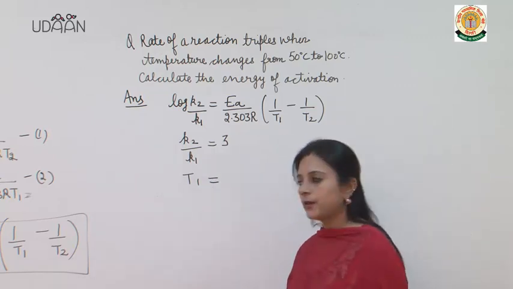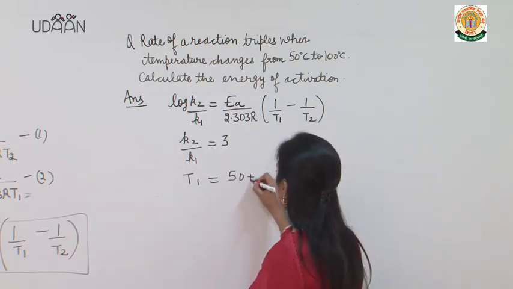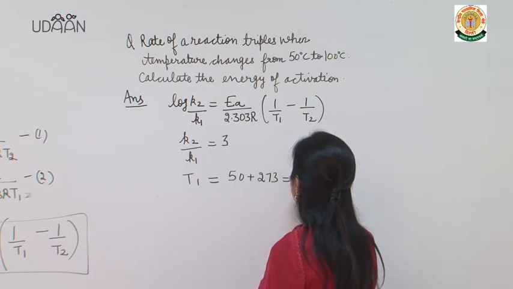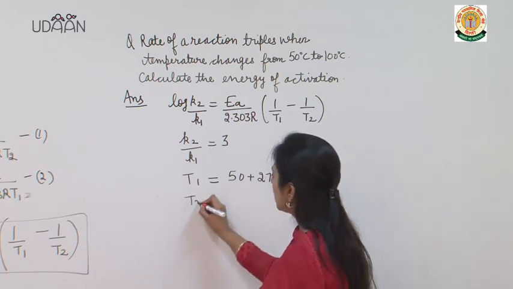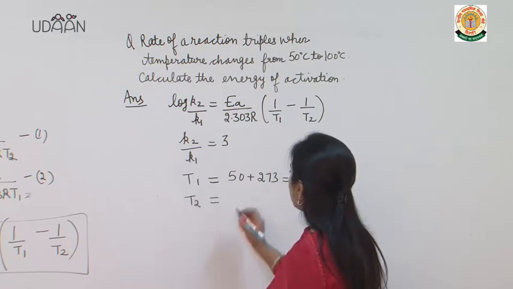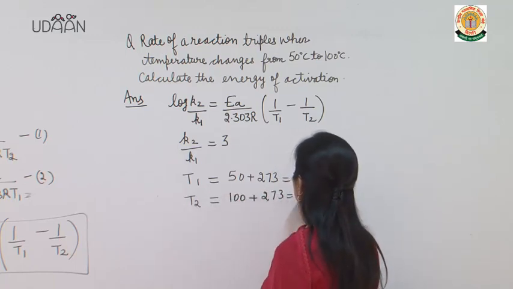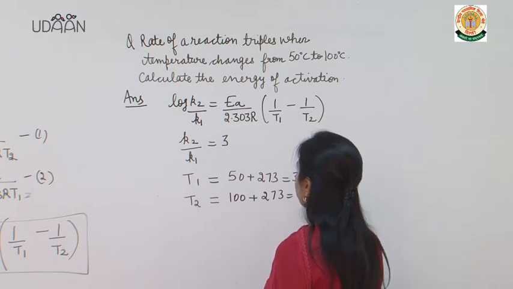T1 temperature 1 is 50 plus 273, that is 323 Kelvin. You will change it into Kelvin, and T2 is equal to 100 degrees Celsius, which is 373 Kelvin.